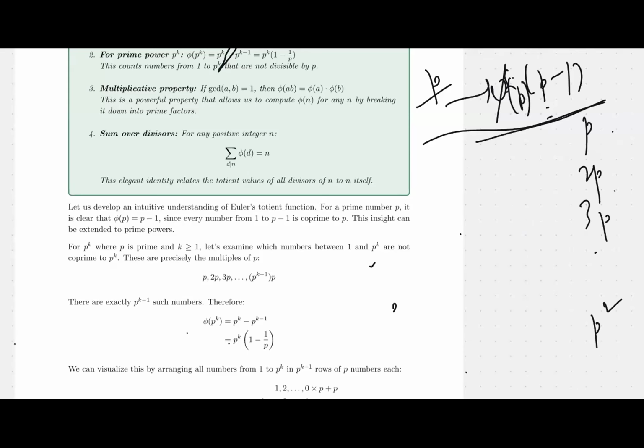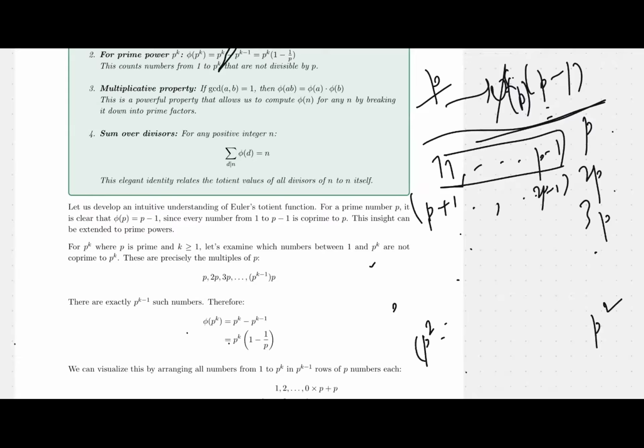Similarly here: p plus 1, dot, dot, dot, 2p minus 1, and so on, up to p square minus p plus 1, dot, dot, dot, p square minus 1, and p square.